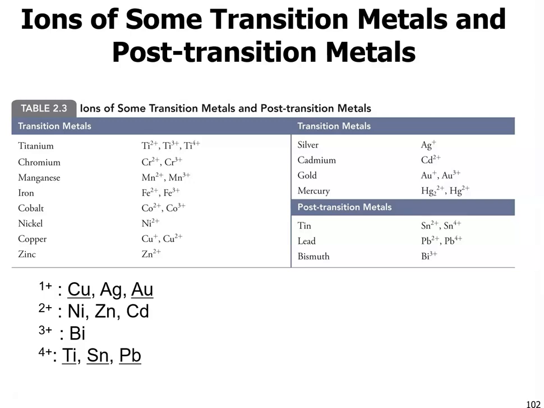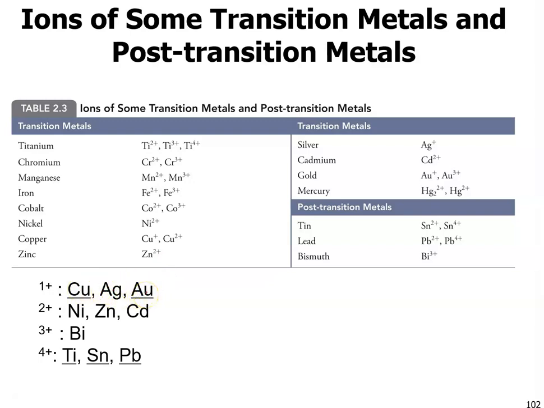I just have this little chart below. These will typically be some of the charge states that these will form. Copper, for example, is typically going to be a +1, but it can be a +2. Silver will always be only a +1. The underlined ones can be other forms.